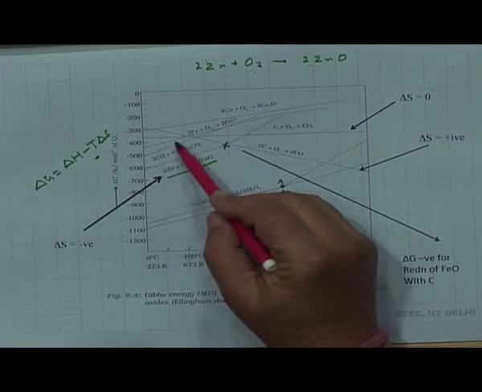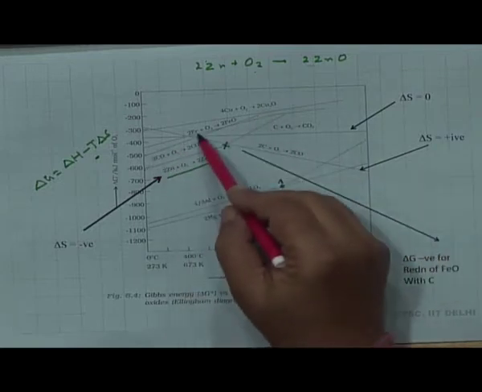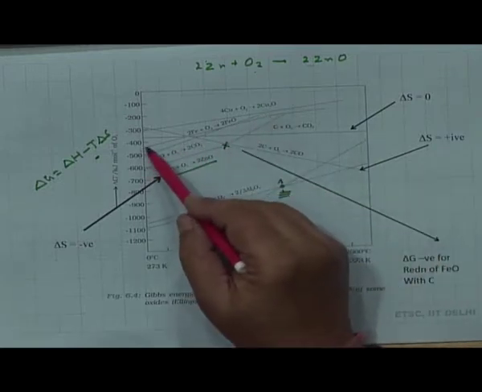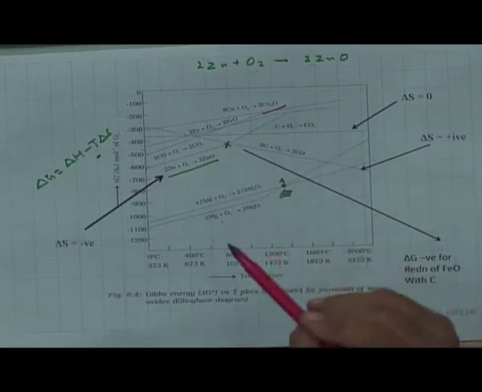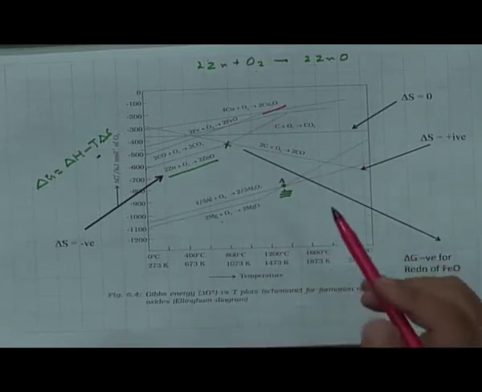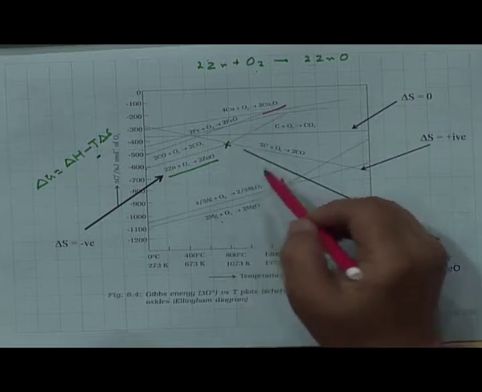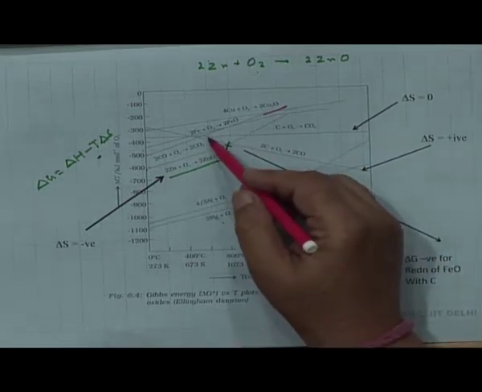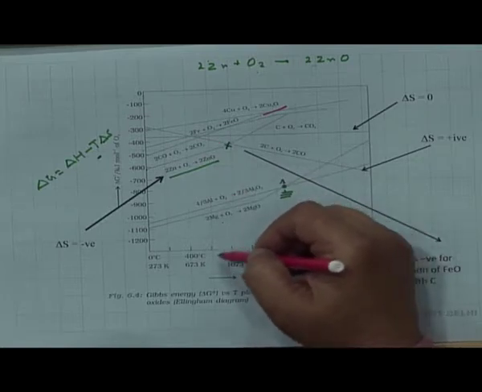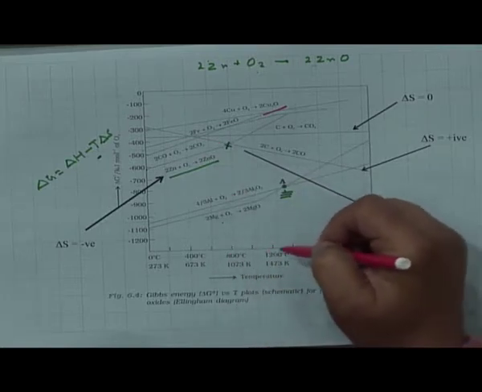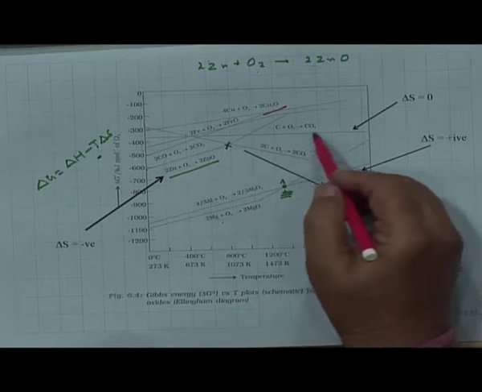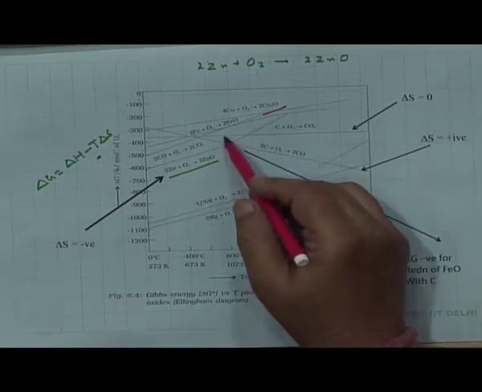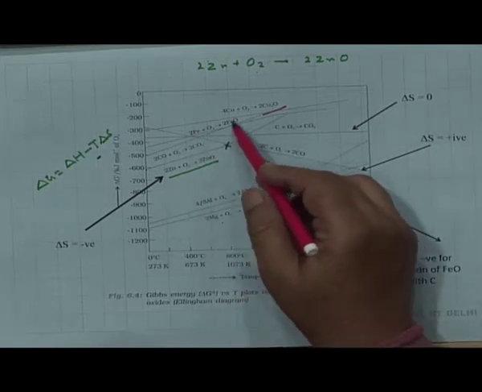Look at the Fe plus O2 plot, it is here. Where is the carbon plot? Carbon plot, at a temperature above 800 degree centigrade, both this as well as this, they are below this plot.